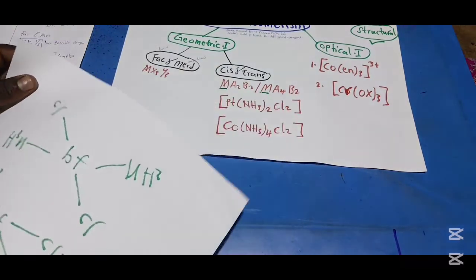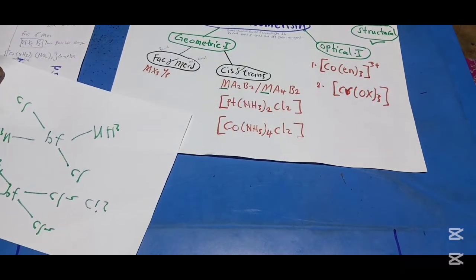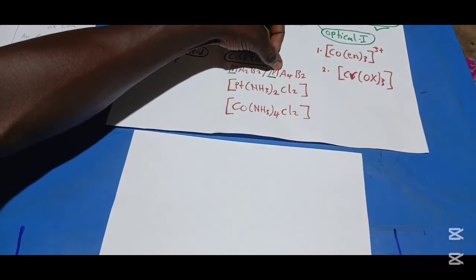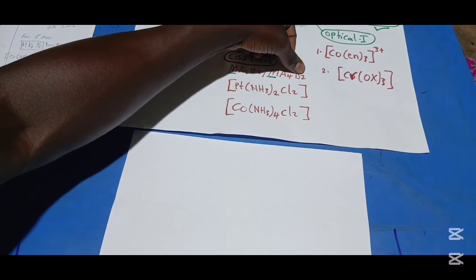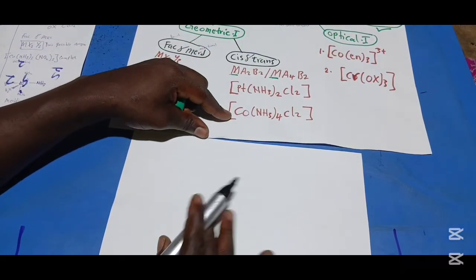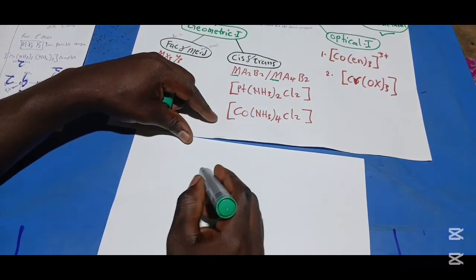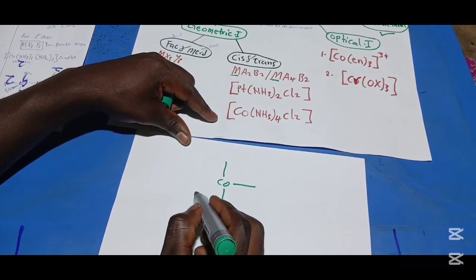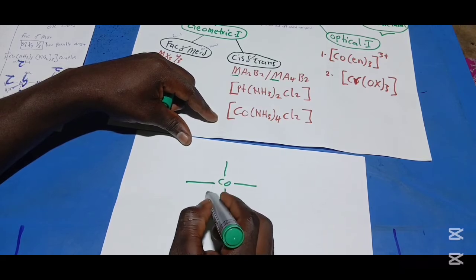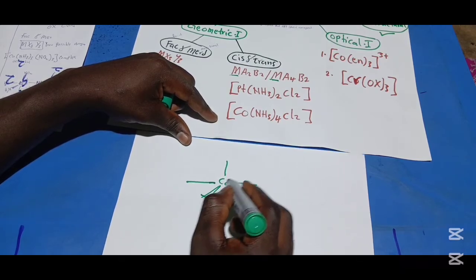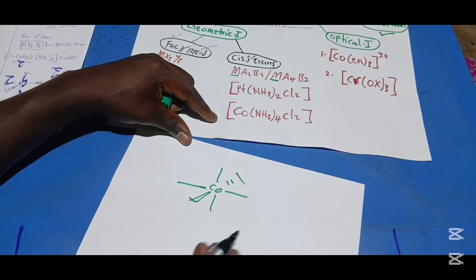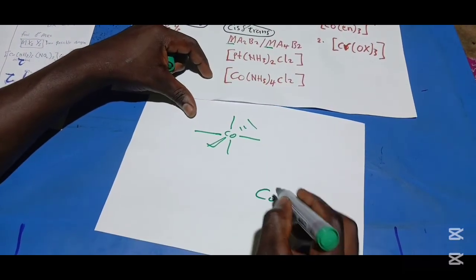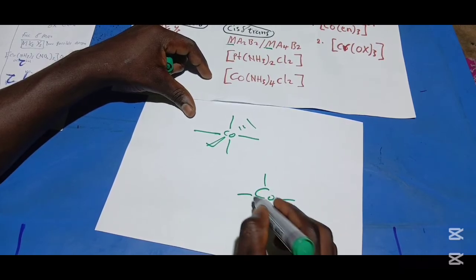There can also be a case where we have something like this: the second type, which is the metal atom bonded to 4 of ligand A and 2 of ligand B. A typical example is cobalt. This is the general structure of an octahedral complex. Let's say this is a solid wedge, this is a dash wedge. So let me draw it all so that we start arranging.